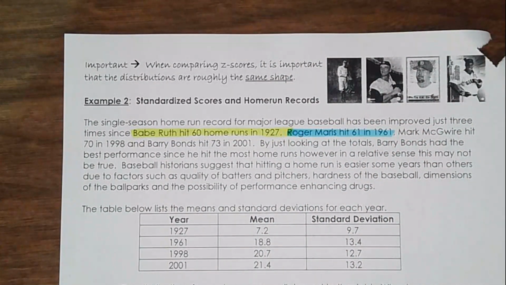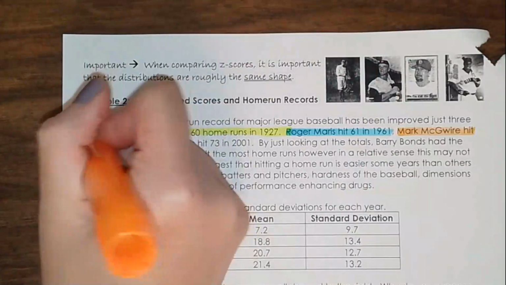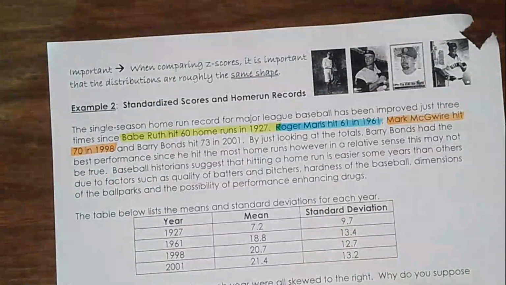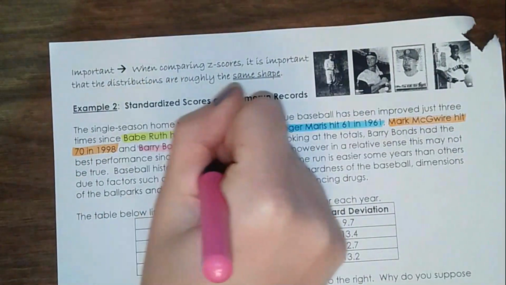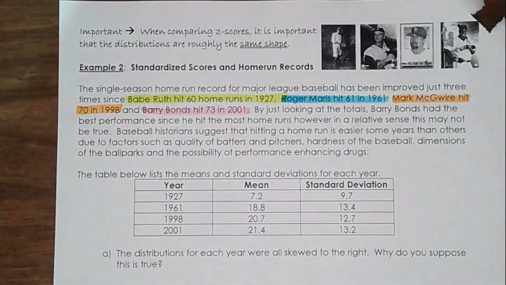Then Mark McGwire in 1998 hit 70 home runs, and then Barry Bonds hit 73 in 2001. Just trying to separate all that information.